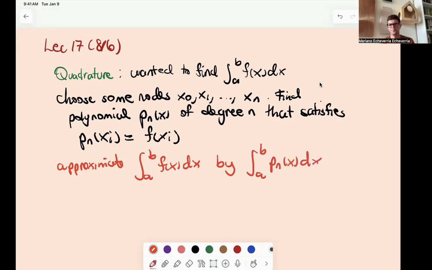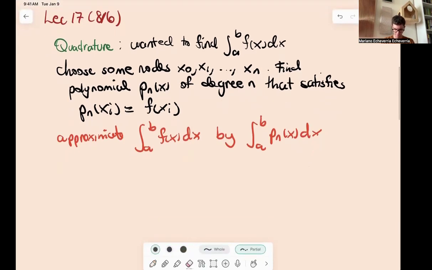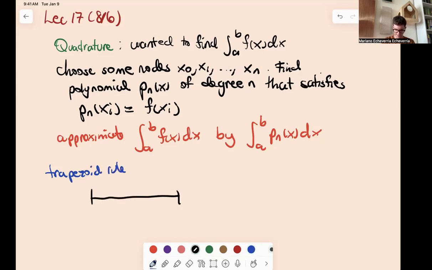The two methods that we were talking about yesterday were the trapezoid rule and Simpson's rule, right? In trapezoid it's very easy. You have the interval a, b, and there are only 2 points, x0 is a and x1 is b.